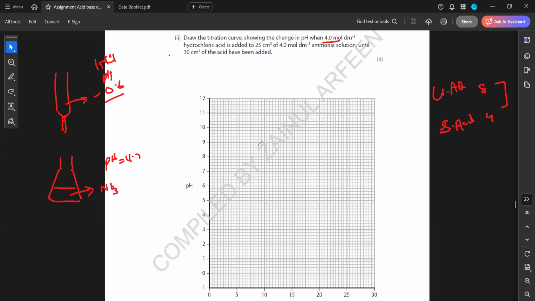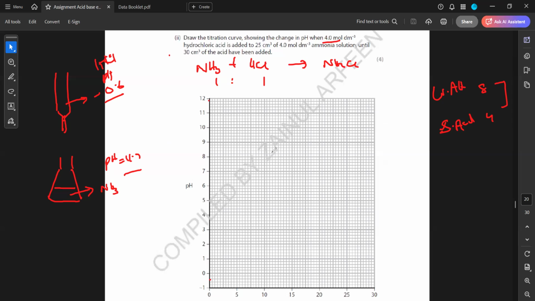And what is the ratio between them? To understand the ratio, you should write the equation between them. So ammonia reacts with HCl and produces ammonium chloride. So the ratio is 1:1. So originally the pH should start at 11.9, somewhere here, and it should end around negative 0.6, somewhere here.